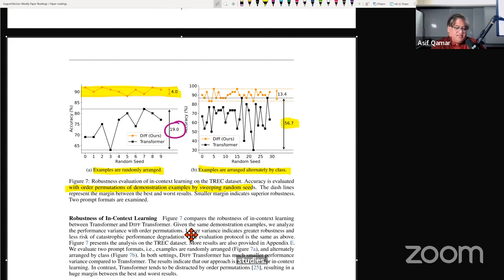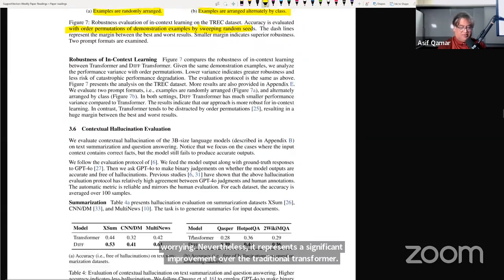I would say that it's not quite perfect, or maybe there is scope for improvement in the diff transformer itself, because there is a 13.4% gap. While a 13.4% fluctuation in accuracy is worrying, nevertheless, it represents a significant improvement over the traditional transformer. That's the point they're making, robustness to in-context ordering, right?